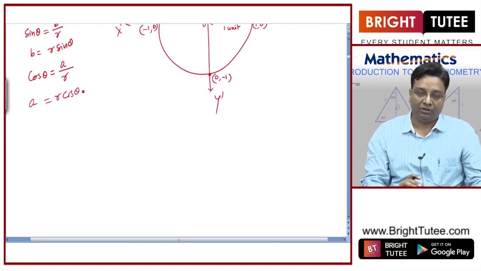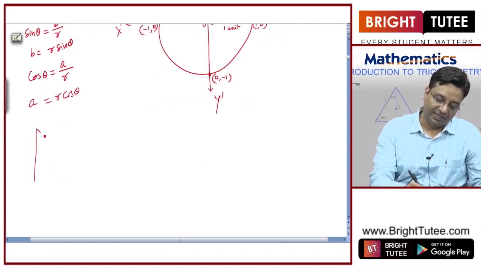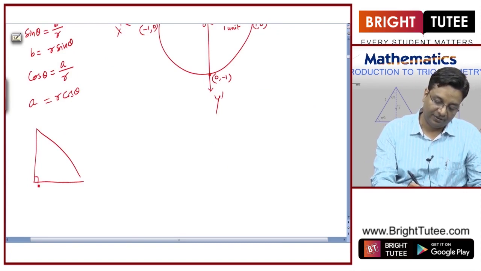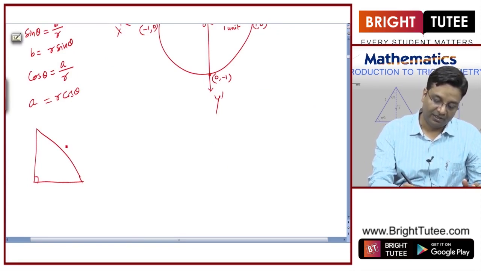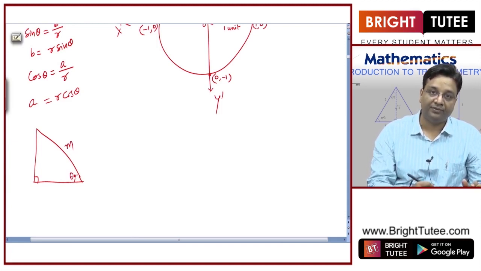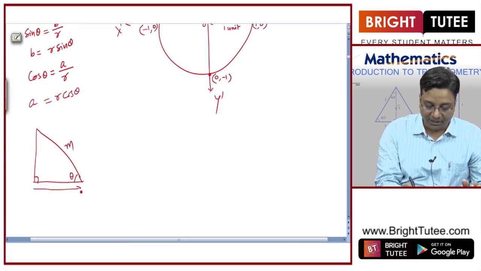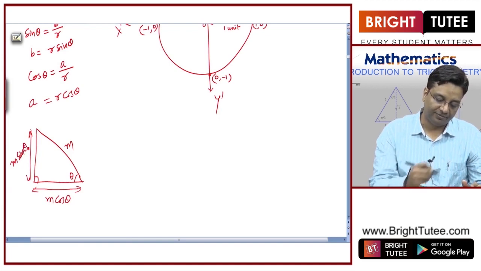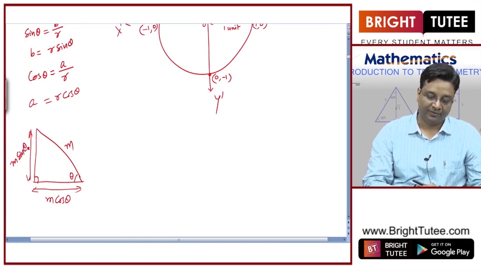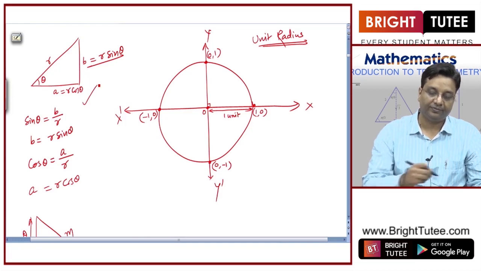Now you need to appreciate that if I make a triangle anywhere like this, and if I give you this diagonal, let us say this is m, and I tell you that this angle is theta, so you can straight away tell me that this is m cos theta and this is m sin theta, right, by this knowledge.